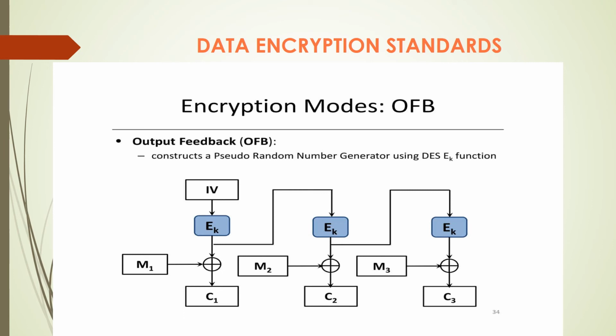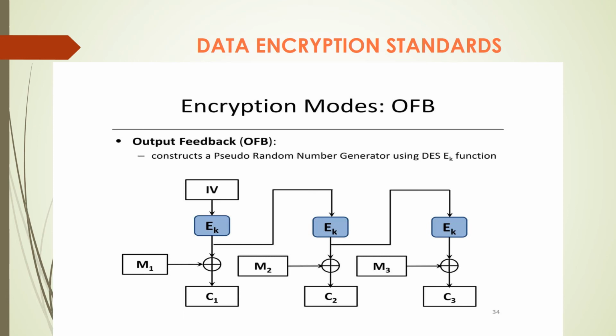Now we will see the fourth mode of operation, OFB, that is output feedback mode. OFB mode of operation is almost identical to cipher feedback mode. In cipher feedback mode, the output of the encryption is XORed with the plain text, and this value is used as the next block's IV.